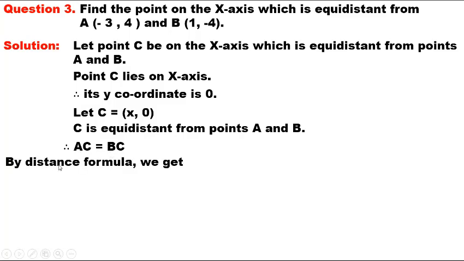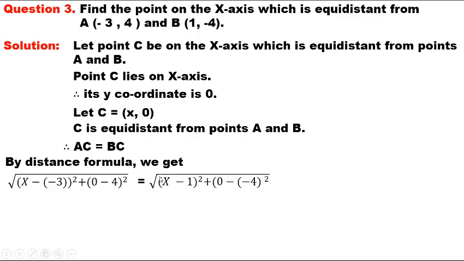By distance formula we get under root of (x minus 3) whole square plus (0 minus 4) square is equal to (x minus 1) whole square plus (0 minus 4) square.